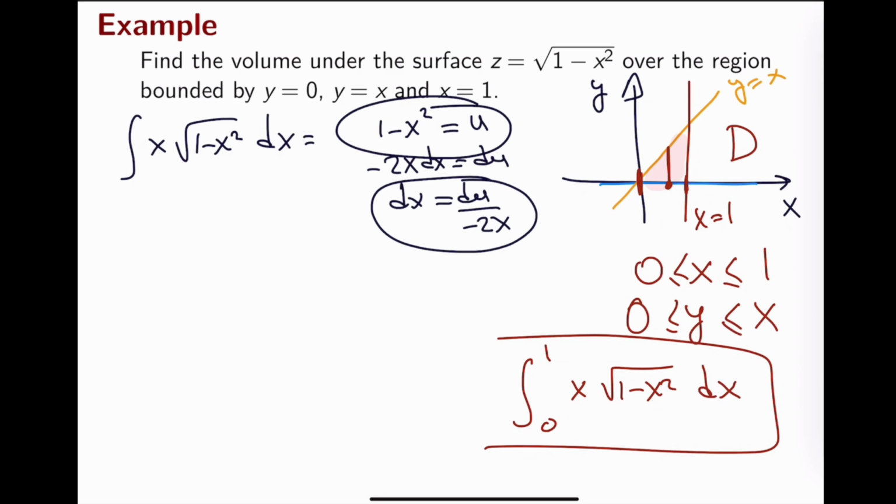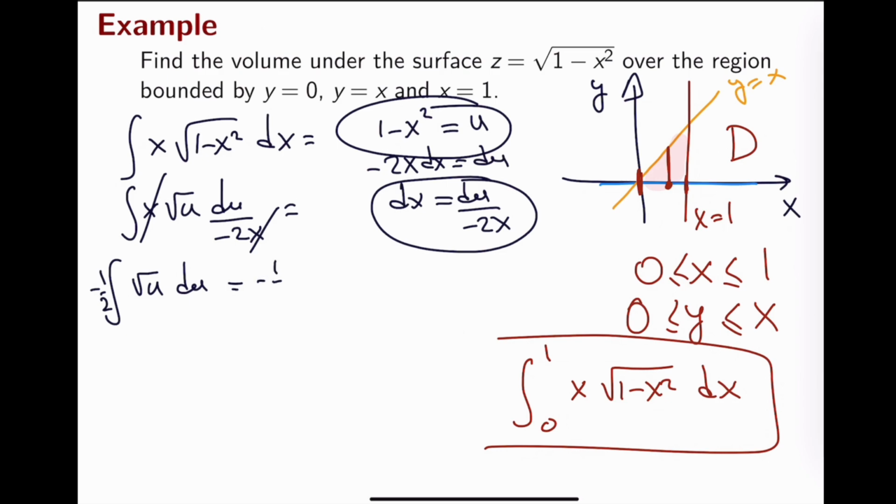So we come back to the integral, and the integral will be x square root of u times dx, which is du over minus 2x. x and x cancel, and so this is the integral of minus 1/2 square root of u du. So we integrate this square root of u, that will be minus 1/2 u to the 3/2 divided by 3/2.